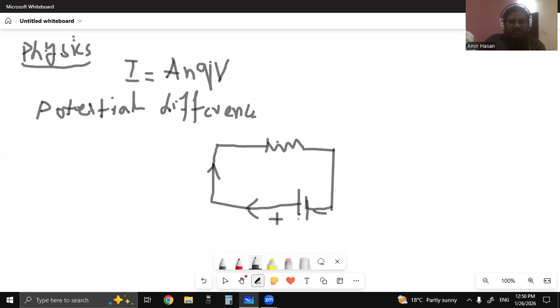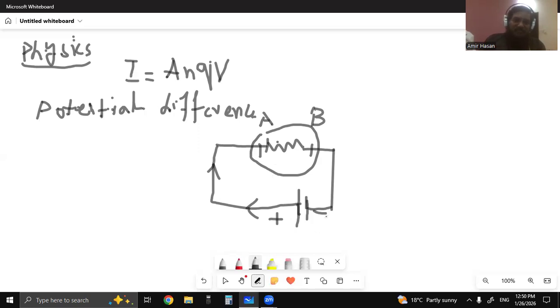In this circuit, the battery itself transfers energy to the resistor. The resistor is connected between two points. For example, this is point A, the initial point where current enters the resistance, and the second point is B, where current comes out of the resistance and goes towards the negative terminal.